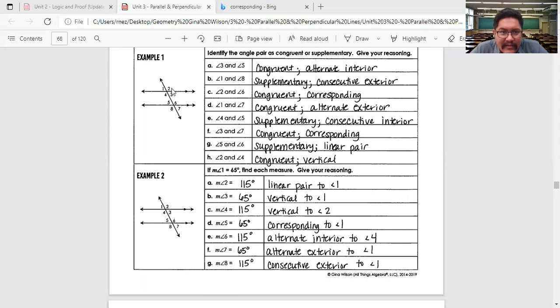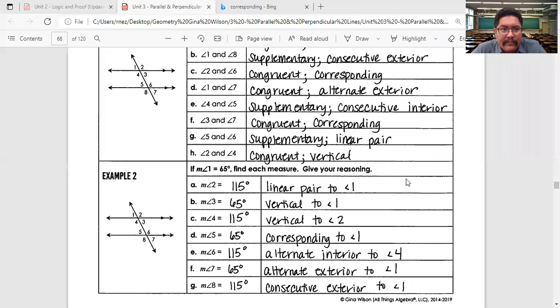So look at where 2 and 6 are. Maybe I could zoom in a little bit more. There we go. So 2 and 6, upper right on each one. So those are going to be corresponding angles. Or wait, congruent. Yes, they are corresponding, and that would mean that they are congruent. If you look at them, they look like they would pretty much be the same angle.